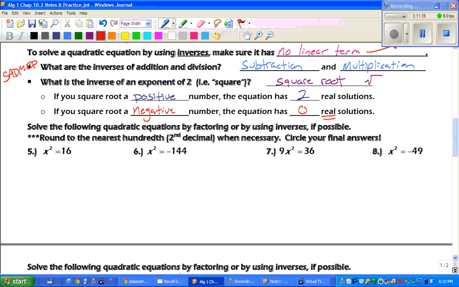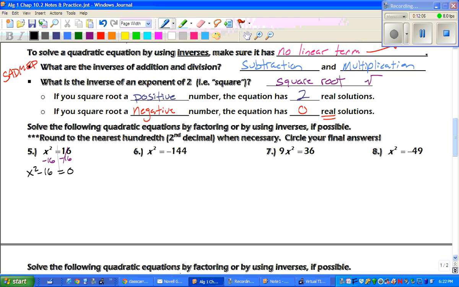So, what we're going to do is we always want the opposite side to equal 0. So, for our first equation, x squared equals 16. For it to equal 0, we're going to subtract 16 to the other side and get x squared minus 16 equals 0.